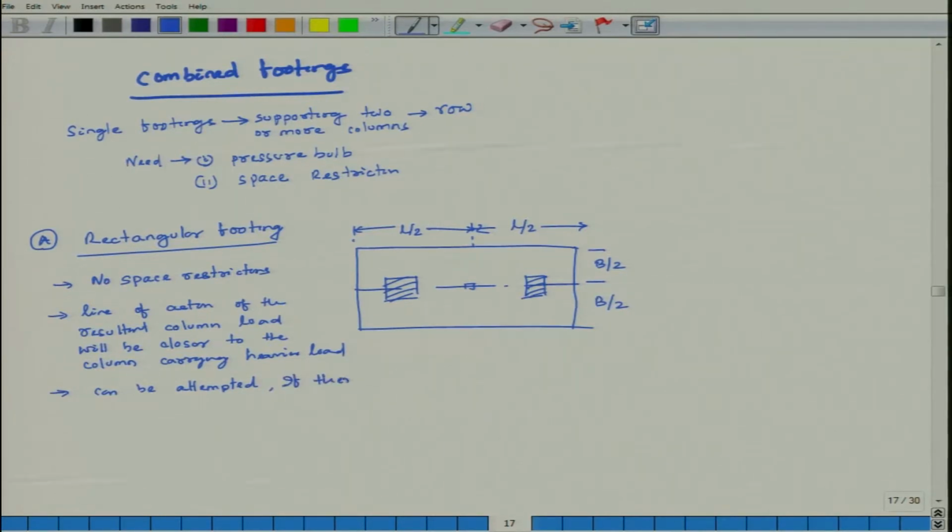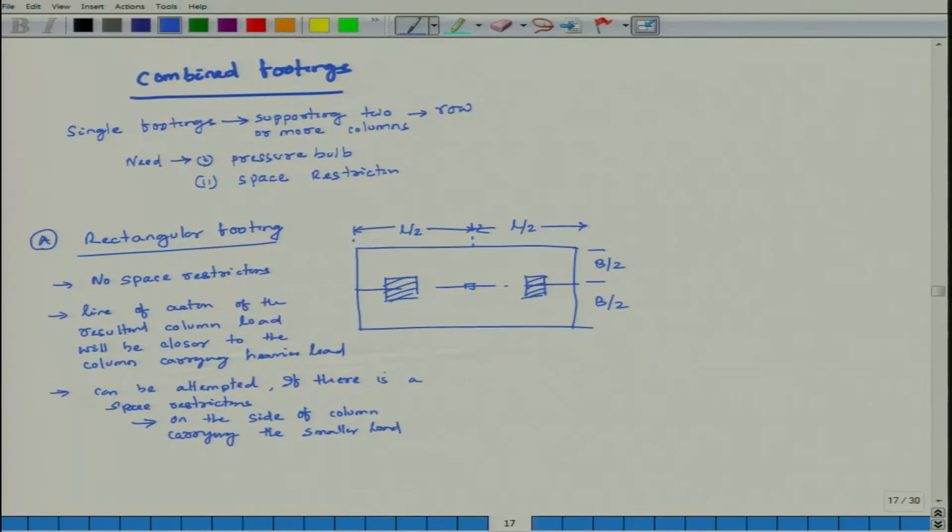However, the space restriction must be on the side of the column carrying the smaller load.